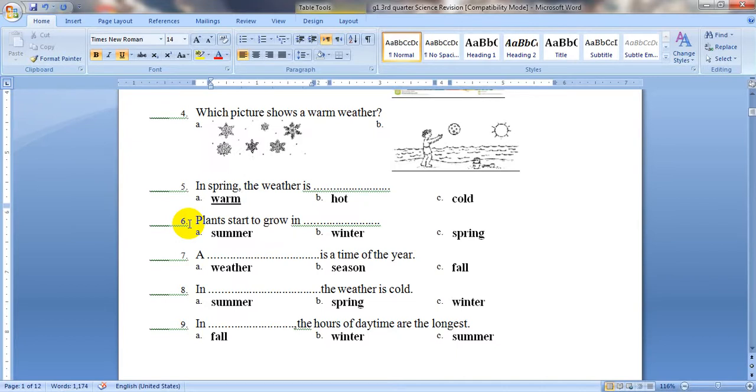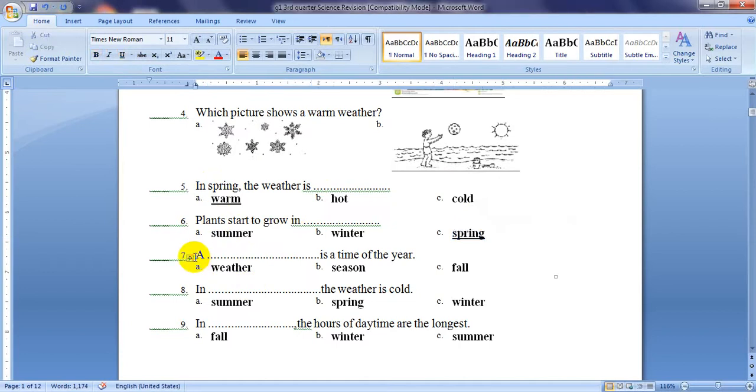In summer, plants grow bigger and have a lot of leaves. In fall, plants will start to change their leaf colors and drop off. And in winter, some plants will lose all of their leaves. So, plants start to grow in spring.